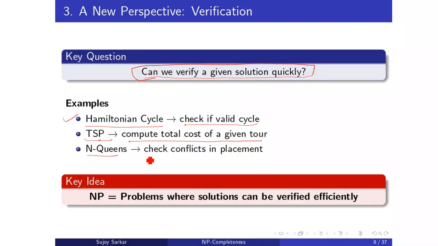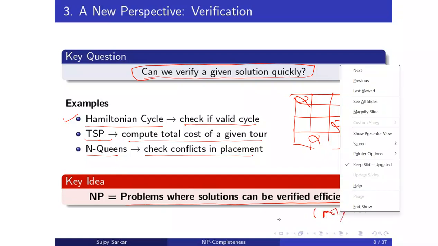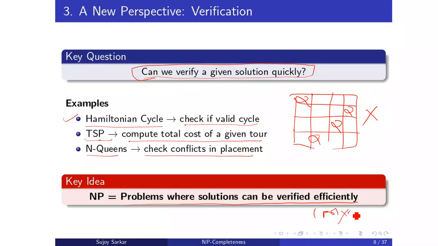N-Queen, we can check for a given solution whether there is any conflict or not, so we can verify that this is not a correct solution. So these problems where the solution can be verified efficiently in polynomial time, we'll call the NP problems.